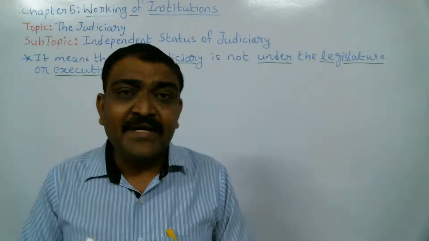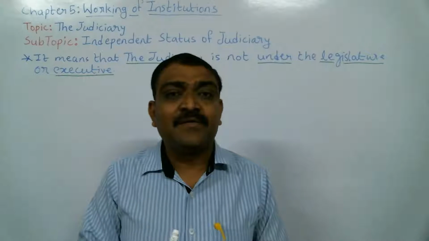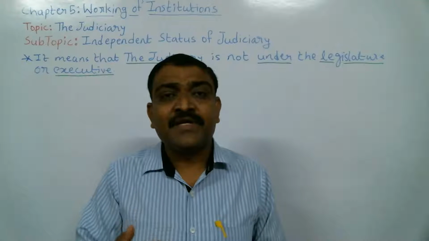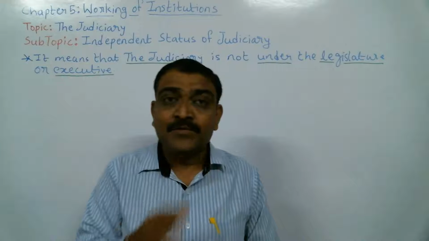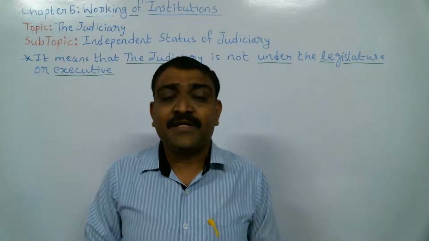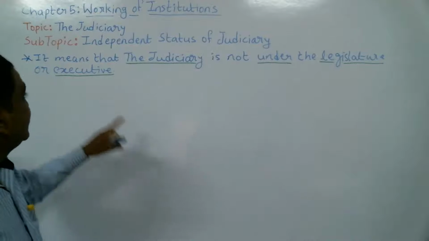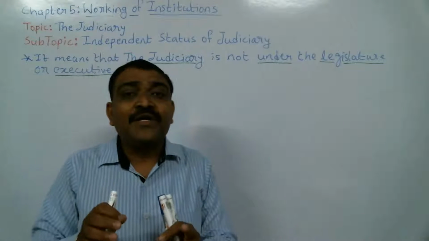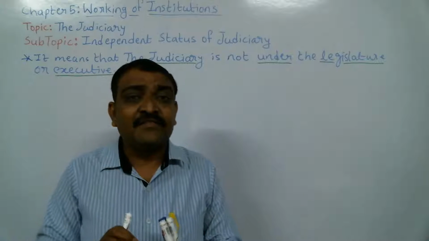Okay, so independent status of judiciary का basically मतलब क्या हुआ कि judiciary के जो भी working areas हैं, whatever the area of jurisdiction, जो भी judiciary का कार्य क्षेत्र है उस working area में the legislature or the executive has no interference in any respect.